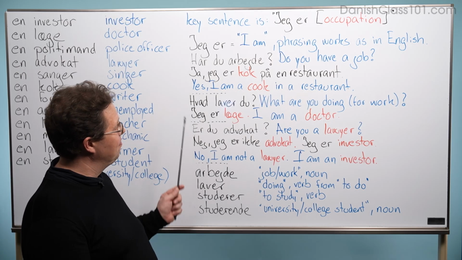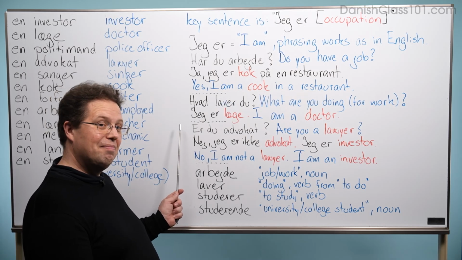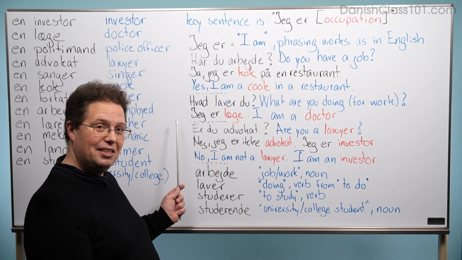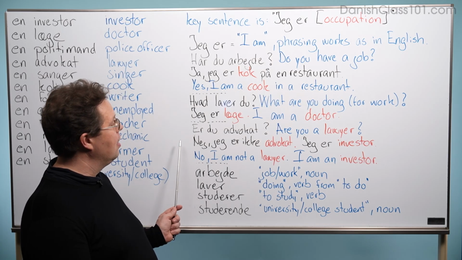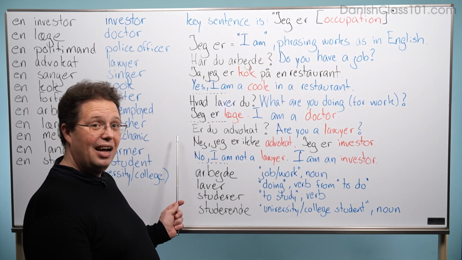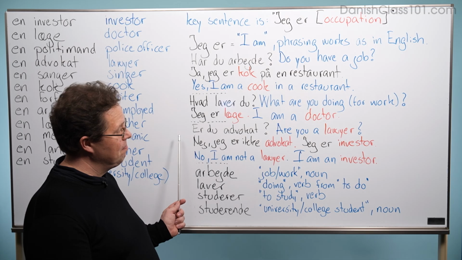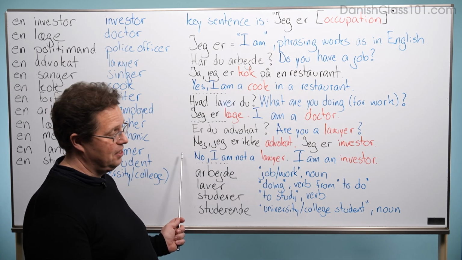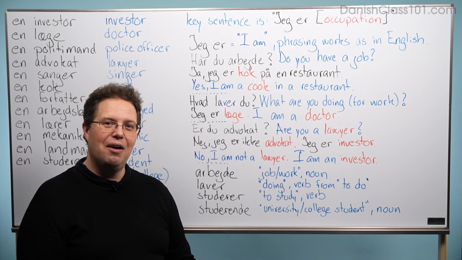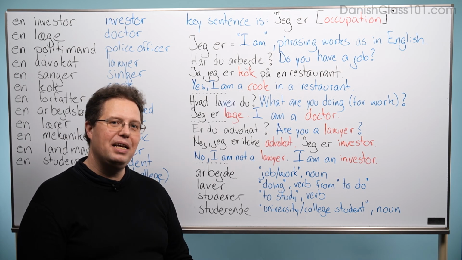I'm a doctor. Er du advokat? Are you a lawyer? Nej, jeg er ikke advokat. Jeg er en investor. No, I'm not a lawyer. I'm an investor.